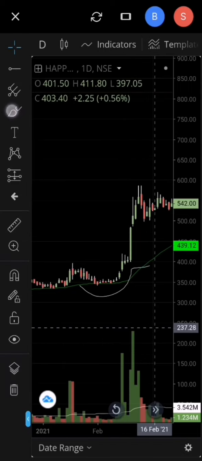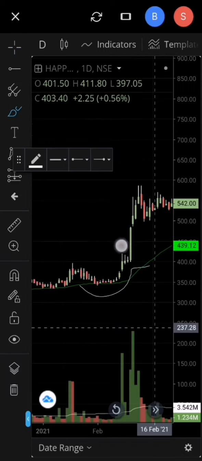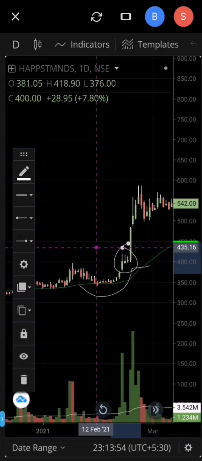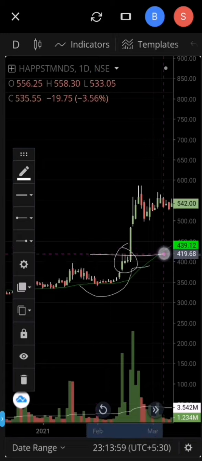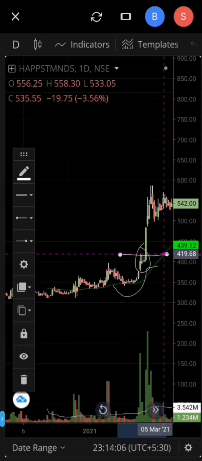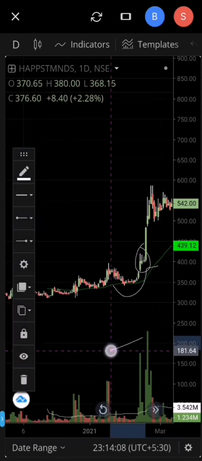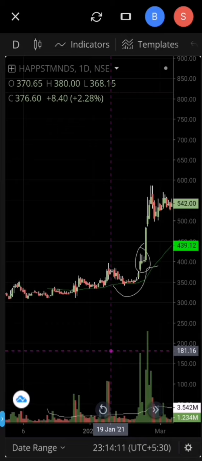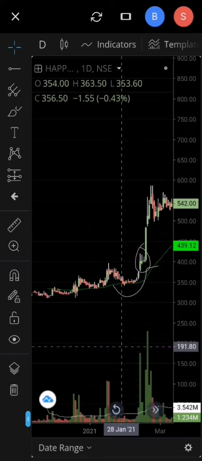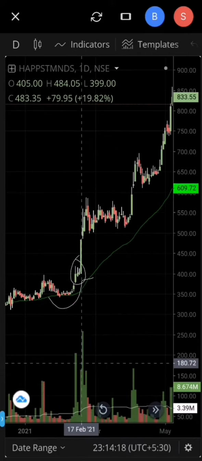I'll just highlight it for you. On these next 2 days, there was a very tight move, and once that tight move was broken out, once the price broke out of this move, the stock consistently compounded the money for the traders or investors who got into it at the correct point.